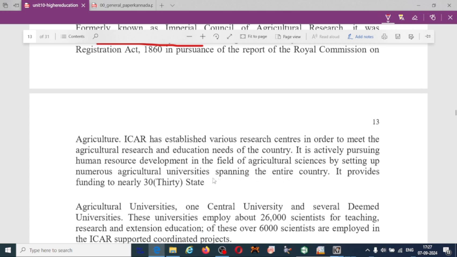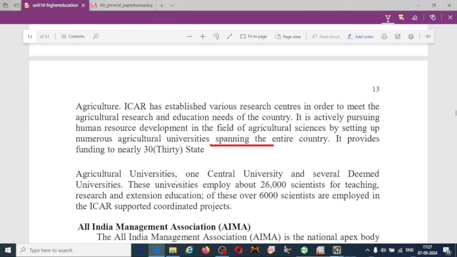There are many agricultural universities spanning the entire country. Agricultural universities, one central university and several deemed universities are there. 26,000 scientists for teaching, research and extension education. Over 6,000 scientists are employed in ICAR.